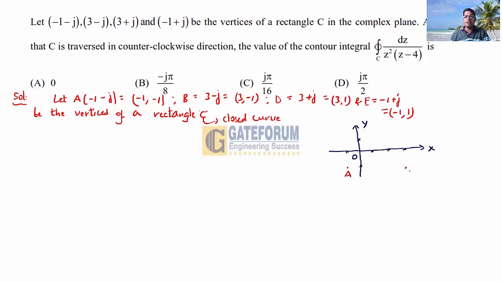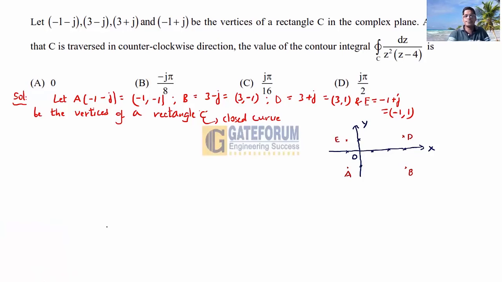So this is, approximately, D: (3, 1). So this is D. E is (minus 1, 1): x value minus 1, y value 1. Now join these 4 vertices by straight lines; that is the rectangle.